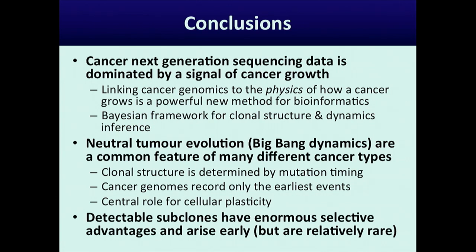All right, so that's all I wanted to say. I showed you some data showing how the cancer genome is dominated by the signal of tumour growth. And in fact, we see a signature of neutral tumour evolution very, very commonly across many different tumour types.